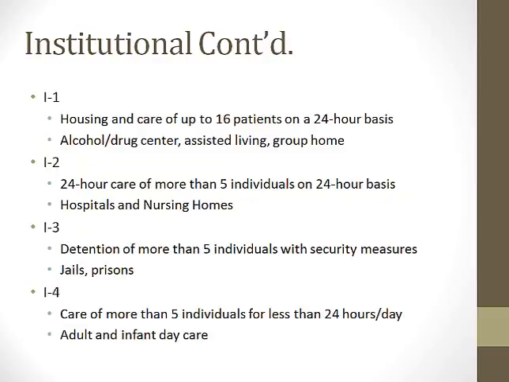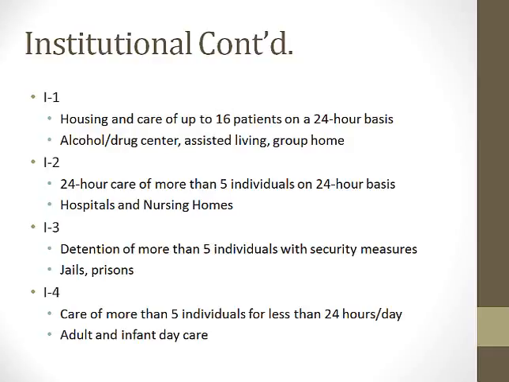So here are the 4 subcategories from the International Building Code in institutional. I-1 is housing and care of up to 16 patients on a 24-hour basis, such as alcohol and drug centers, assisted living, or group home. I-2 is 24-hour care of more than 5 individuals, so hospitals and nursing homes.